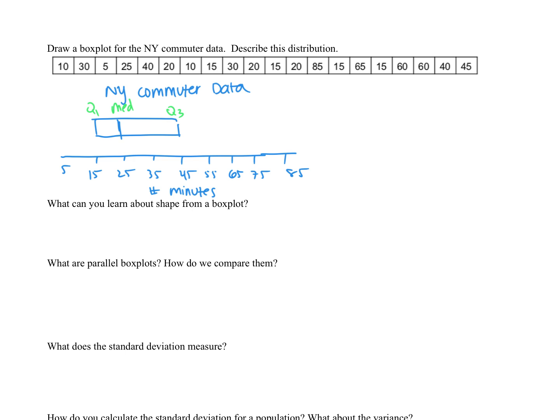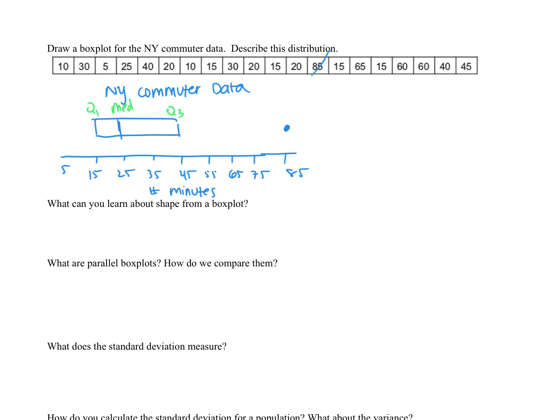Okay, next thing you need to know, you always put a dot at any outliers you have. So we already said this person that took 85 minutes is an outlier. That was the only outlier we had. Your whiskers then extend to the last observation that's not an outlier. So on the high end, 85 is an outlier.